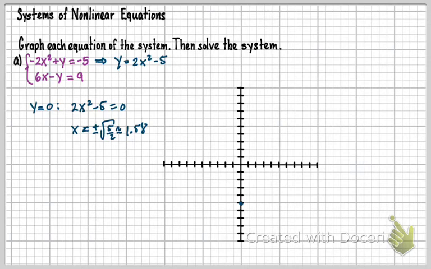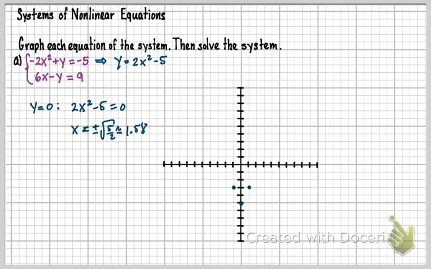So I put that one in. And because of symmetry, I have one on the other side of the y-axis. And I just try to pick values I know. So essentially I'm doing an xy table here. So then when x is 2, that's going to give me a positive 3. So at 2, it's going to go 1, 2, 3, which is there.